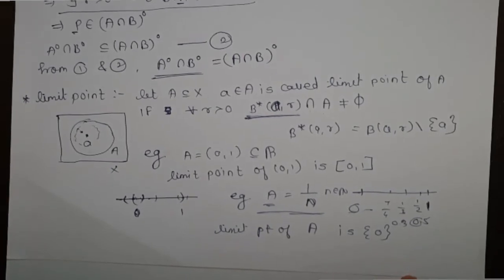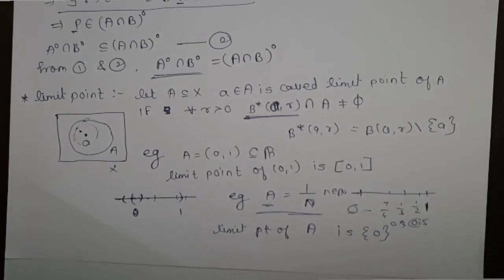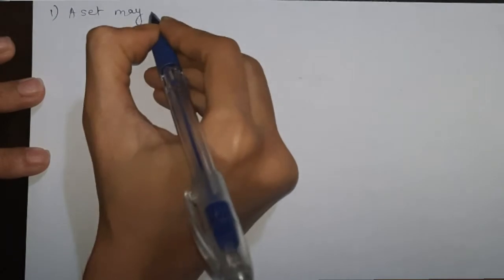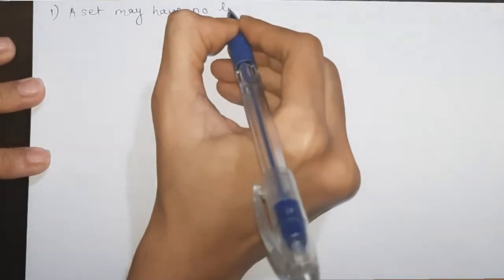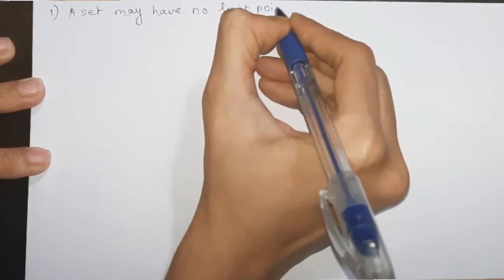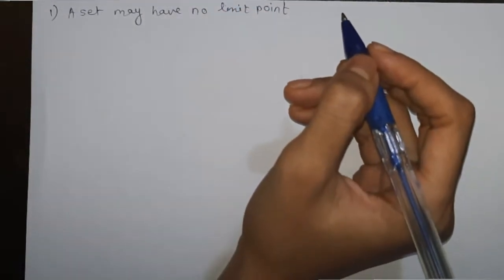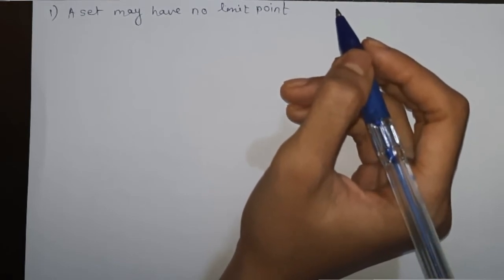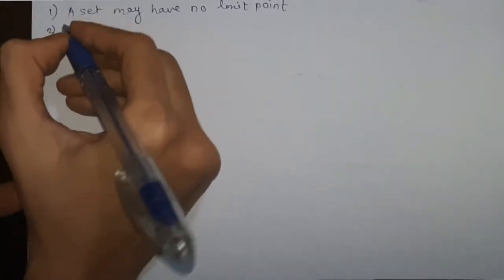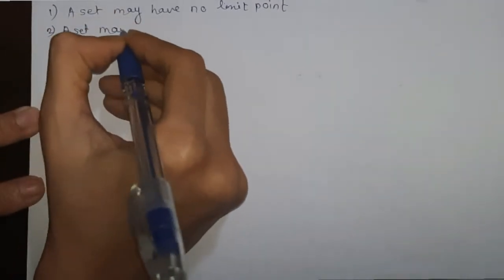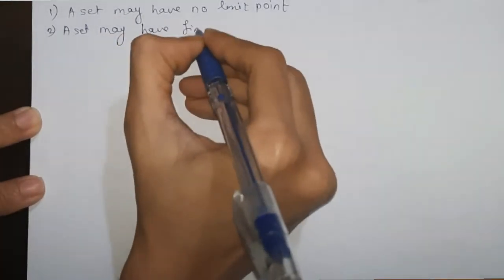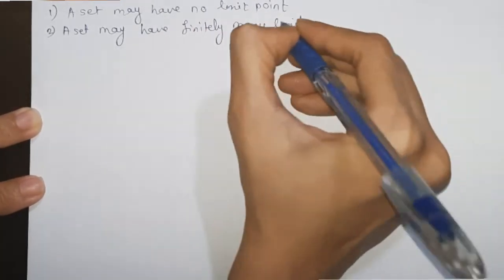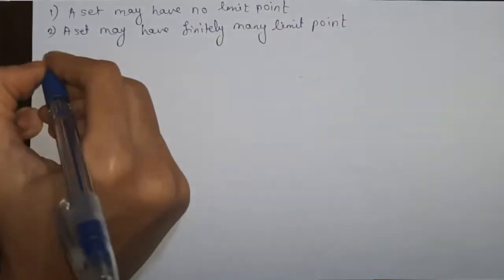Now we have properties of limit points. Let's see them one by one. The first property is that a set may have no limit point, meaning some sets don't have limit points. The second property is that a set may have finitely many limit points.